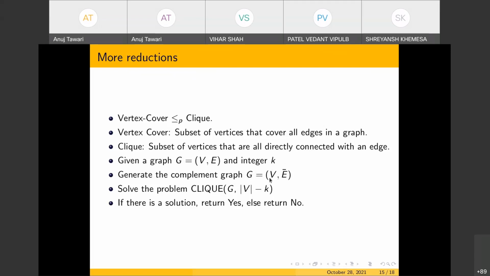The same set of vertices, but whatever edges were not there in G, we will include in G prime. So it's just the opposite of that. And then we ask whether this new graph G prime has a clique of size |V| minus K. If there is a solution, return yes, else return no.